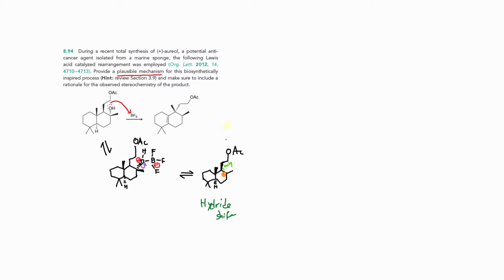I can show the arrow mechanism where it comes and fills that hole, and that's going to create a stereocenter because the four connected atoms on that carbon are different.